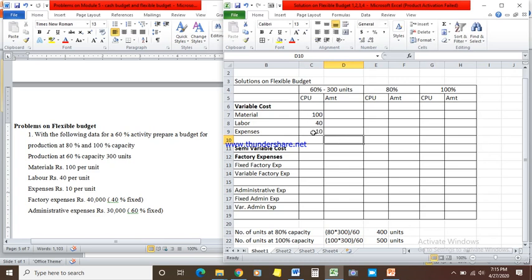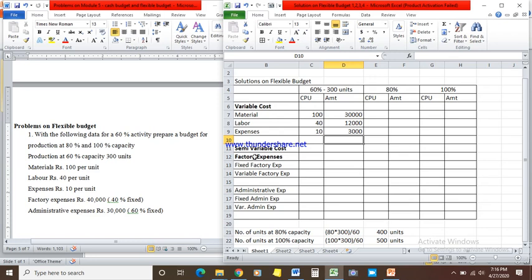This variable cost per unit is going to remain the same, whether it is at 300 units or 400 units or 500 units. So accordingly here in this case it will be 100 into 300, 30,000, 40 into 300, then 10 into 300. So this takes care of variable cost.